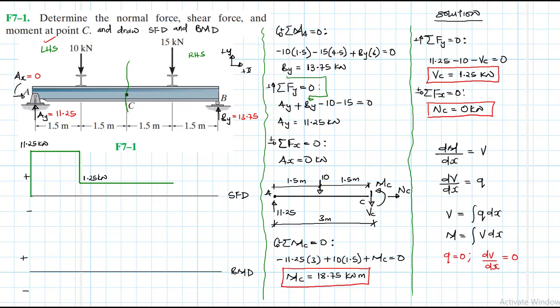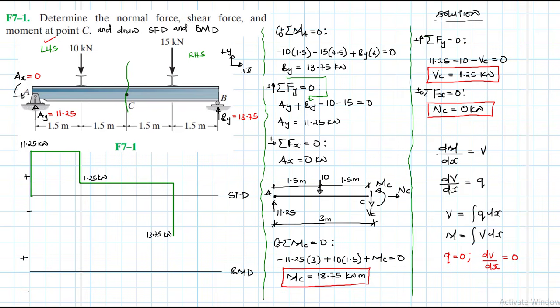And what does it give us? It gives us a minus 13.75. So this will have to go down like so, maybe up to somewhere there. Let's say that is our 13.75 kilonewtons.